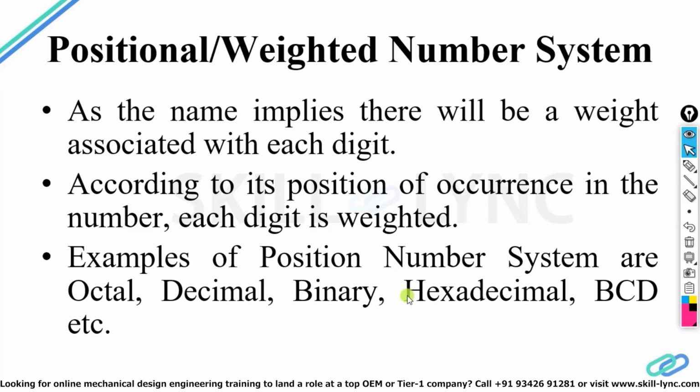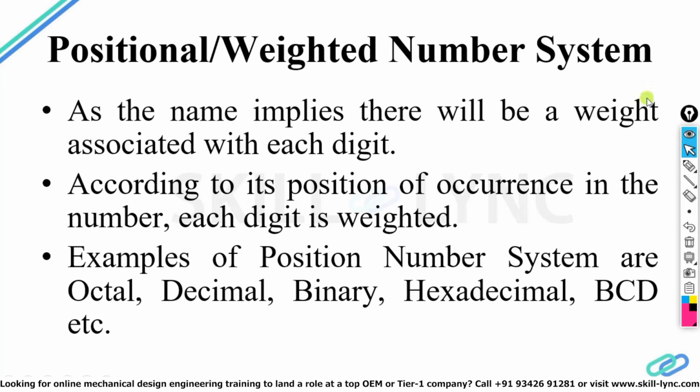For example, if a number is 1000001, it represents 65 in binary. But when I say convert it into BCD, it is 41. And if I say convert it into ASCII code, it is the alphabet A. So each and every code has its different style, different format to be understood.